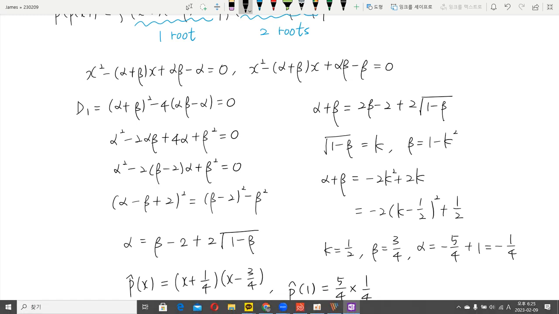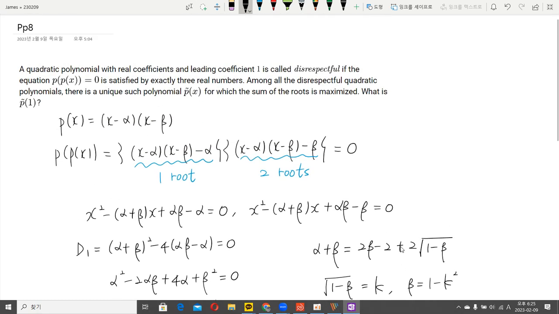So here, there is a quadratic polynomial, so we can say p of x is (x minus alpha)(x minus beta). The quadratic means it has x squared, and the coefficient is 1. And p of p of x will make the x to the fourth power. And when this equation is 0, there are three real solutions.